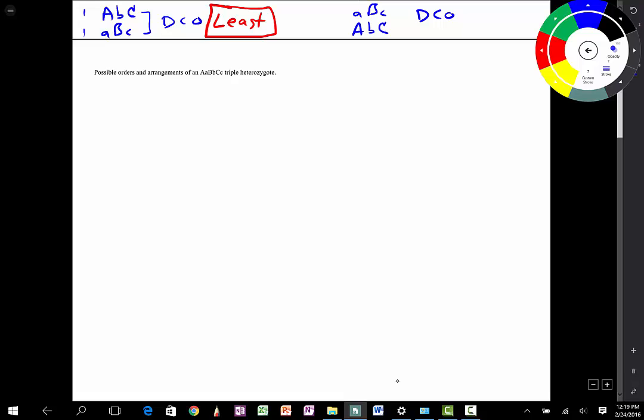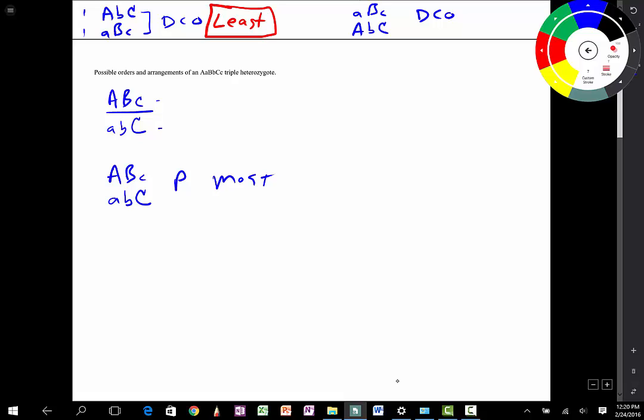But let's say we started out like this, with a little c, and a little a, little b, big C. Now our parentals will be big A, big B, little c, and little a, little b, big C. These will be the parentals, because we know they're starting out that way. So they'll be the most.